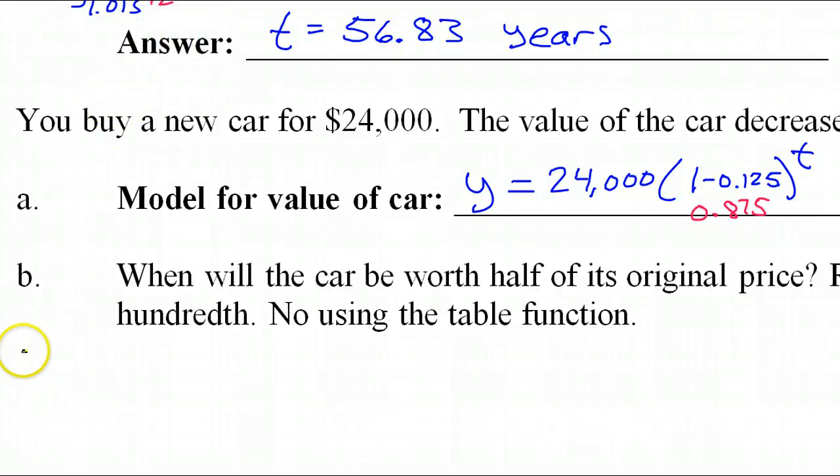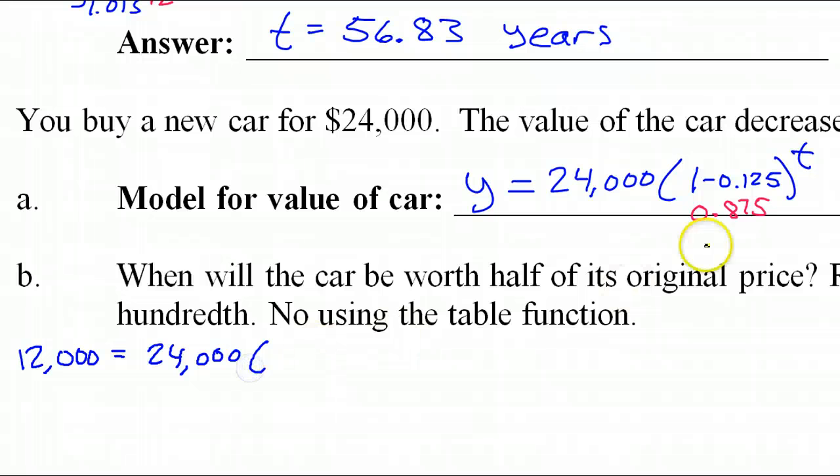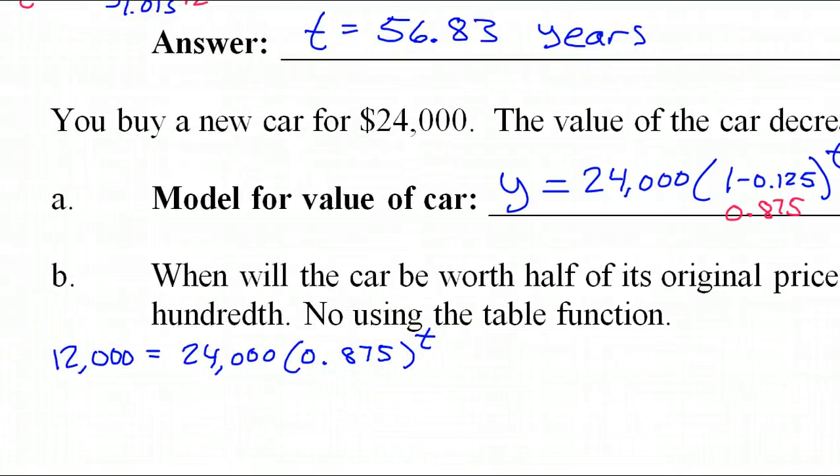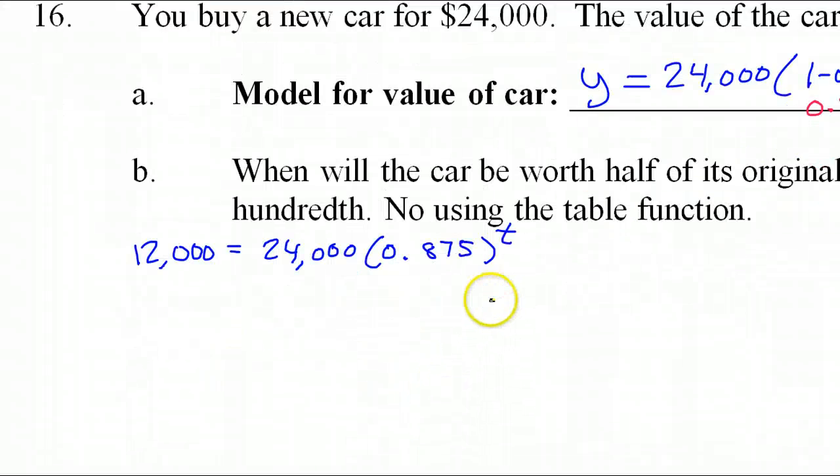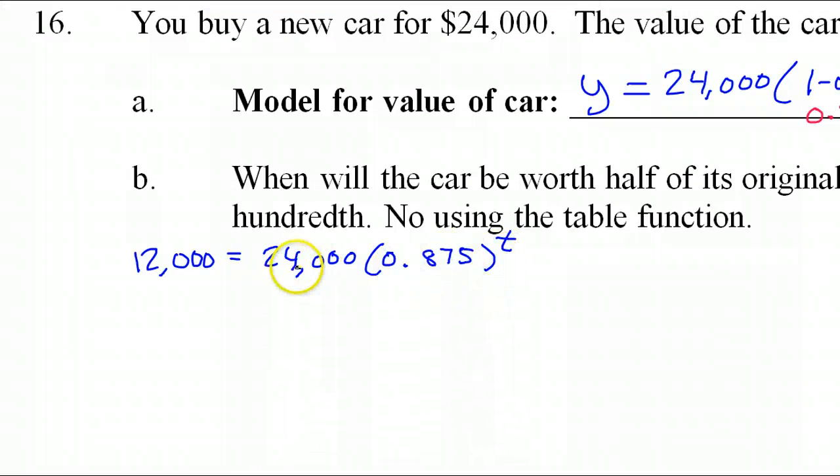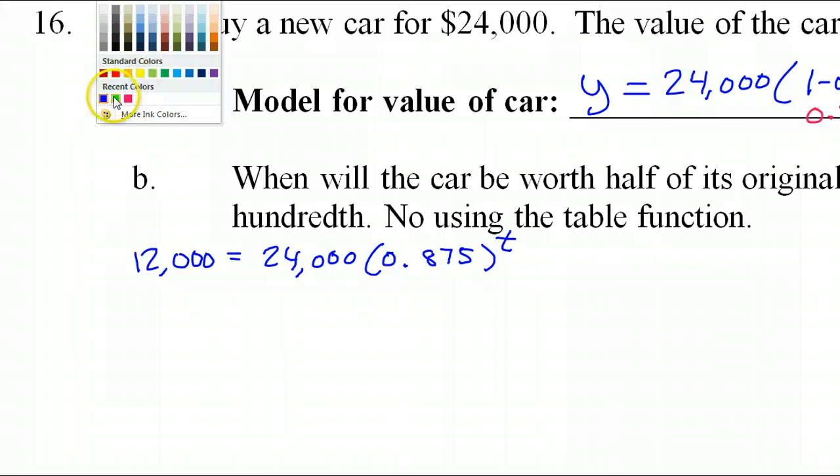So the equation becomes 12,000 equals 24,000, and again, I'm using the 0.875 because it's more convenient for me, and I'm just solving this for t. So divide by 24,000.